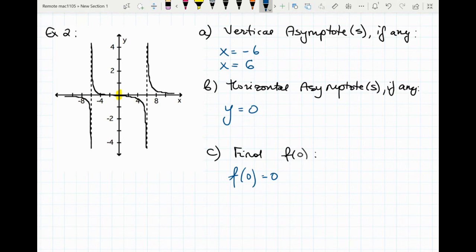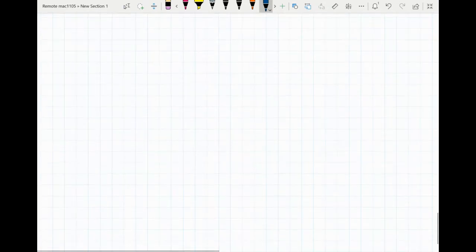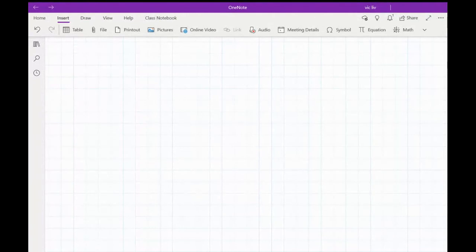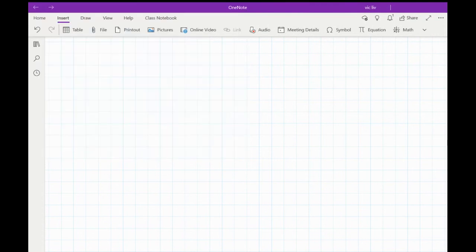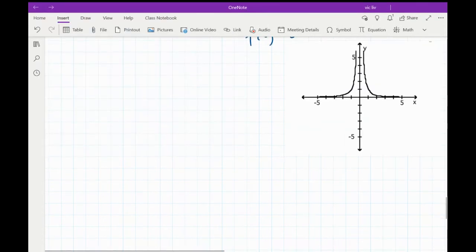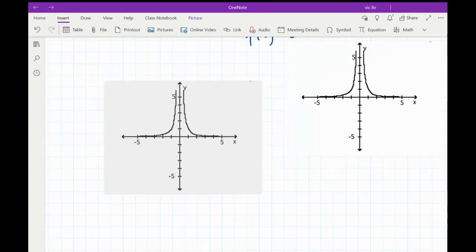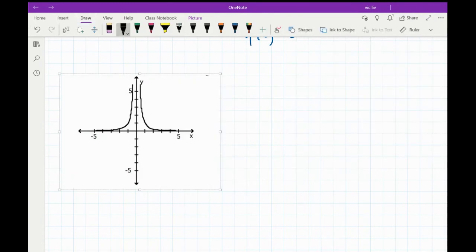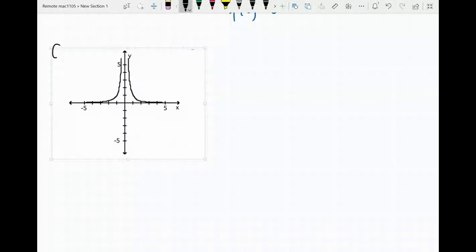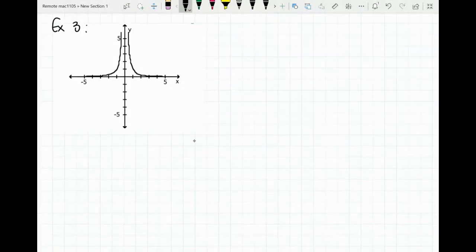All right, let's go ahead and look at the third example of a graph. Okay, so this is going to be our third example. All right, so let's go ahead and ask a very similar question.